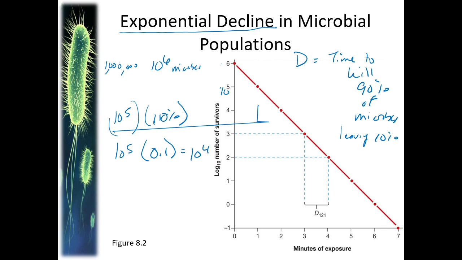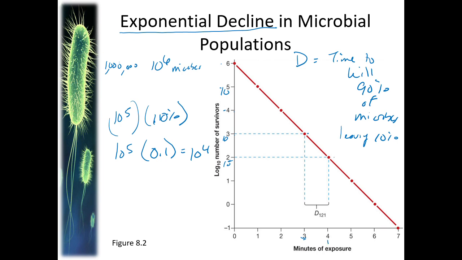So each one of these log reductions, going from 4 to 3, is a 90% reduction. We're leaving 10 behind. So if we want to know what the decimal reduction time is, maybe we want to know how much time it takes to go from 10 to the 3rd, which we start at 3 minutes, and we go to 10 to the 2, which happens at 4 minutes.